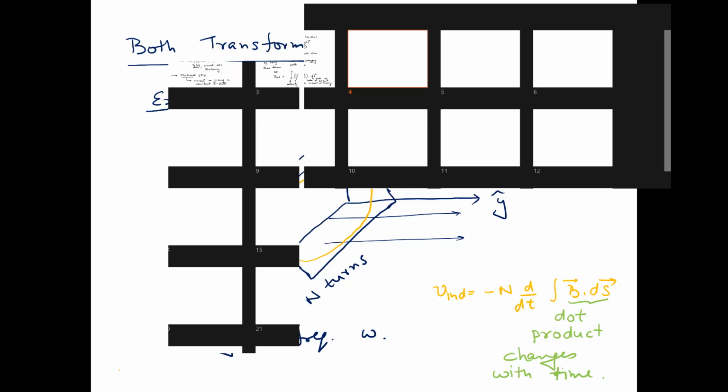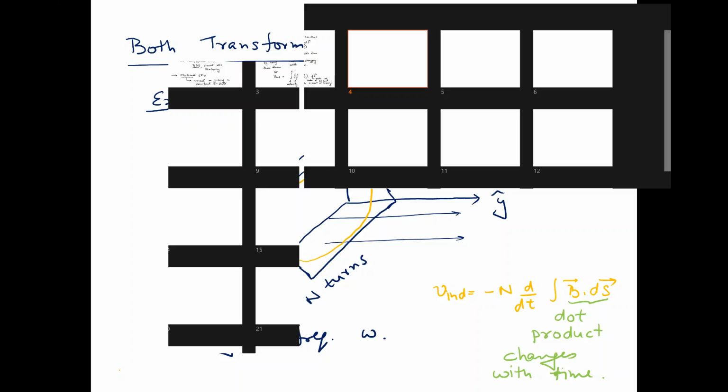So not only is my B changing in time, but B flows out in this direction. When my circuit is right here, B and ds are in the same direction, and I have the maximum value of B dot ds. When my hand has moved around, ds is now pointing downwards, but B is still in the same y direction.